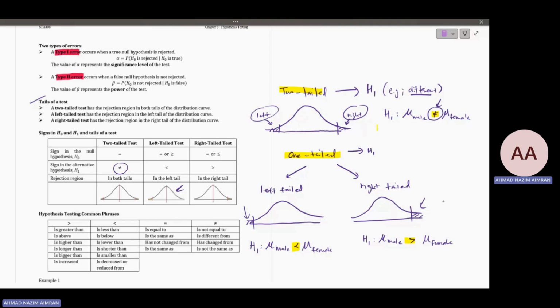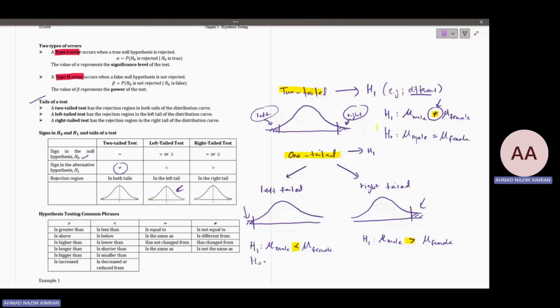The other thing, just to be safe, is the null hypothesis. You can always use the same null hypothesis. For the first one, you can write down the mean of male is equal to the mean of female for the null hypothesis.